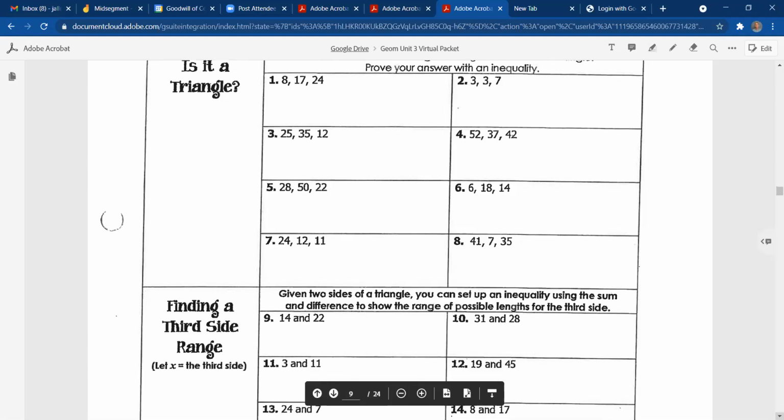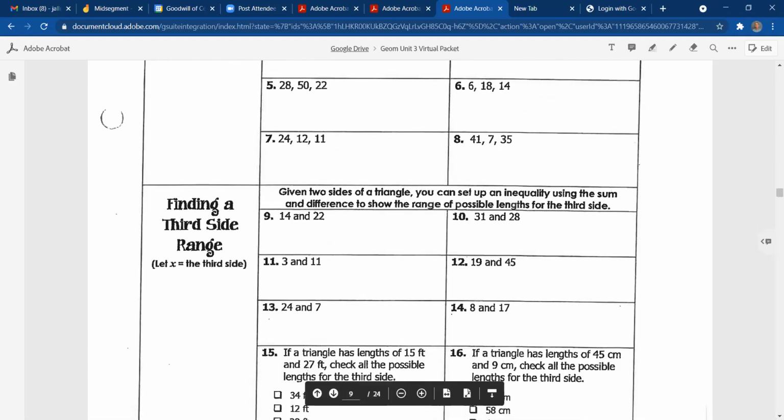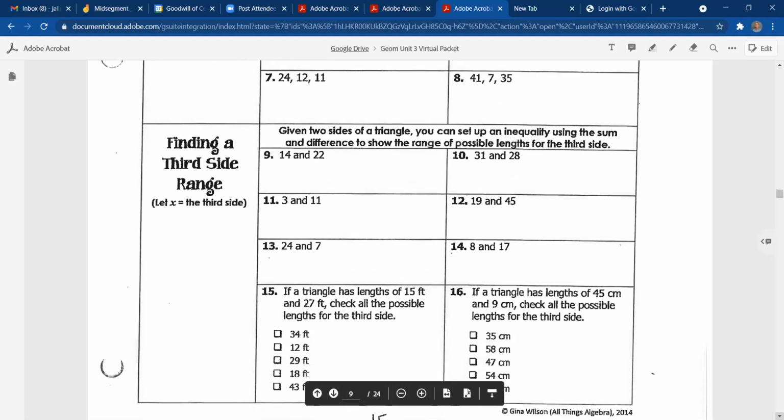And where you're going to be tested here is in this next section. How can you figure out what the range for the sides can be? So they're only giving you 2 out of the 3 sides. So there's 2 possibilities.